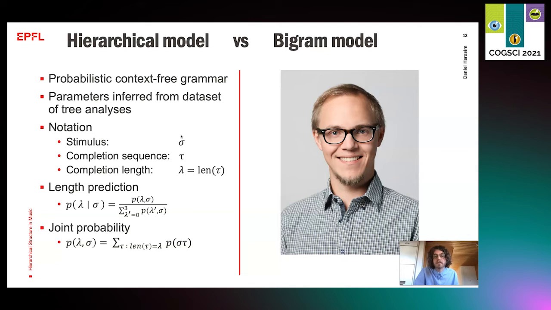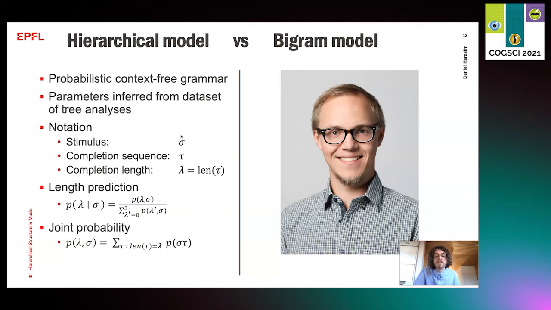More precisely, probabilistic context-free grammars assign each tree analysis a probability that can be interpreted as the plausibility of that tree. The probability of a sequence is then defined as the sum of the probabilities of all the tree analyses. Now, the parameters of the grammar used here were inferred from a dataset of tree analyses of 150 jazz tunes that were annotated by musical experts.